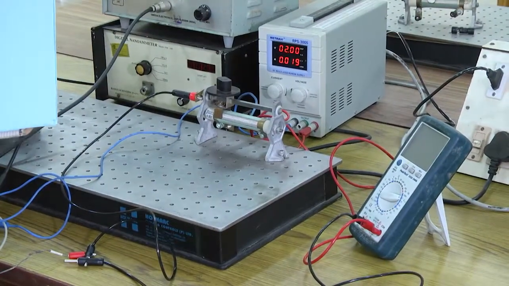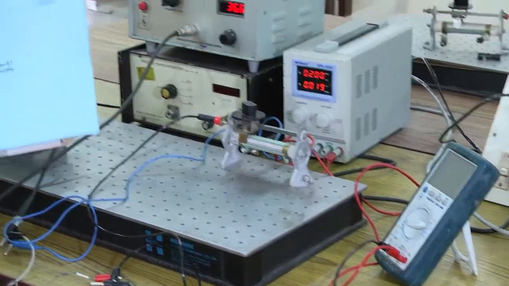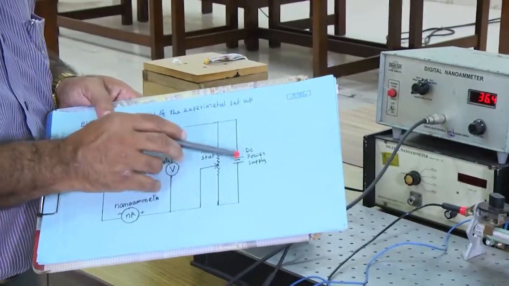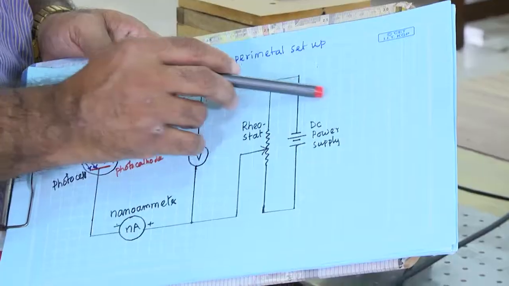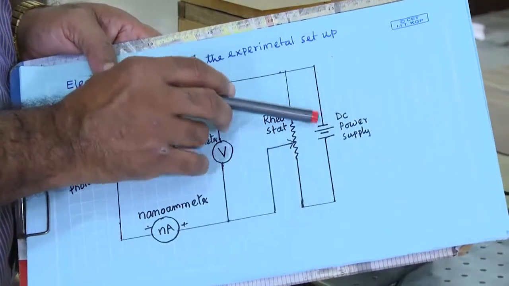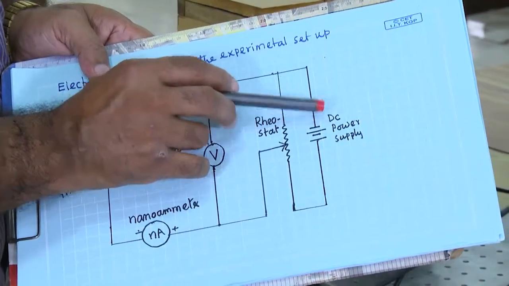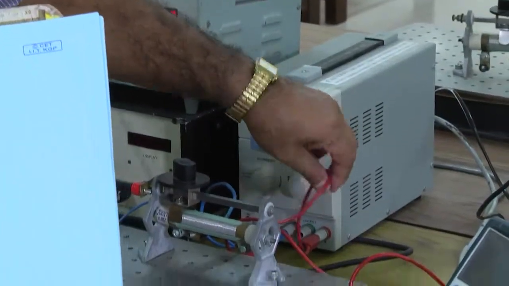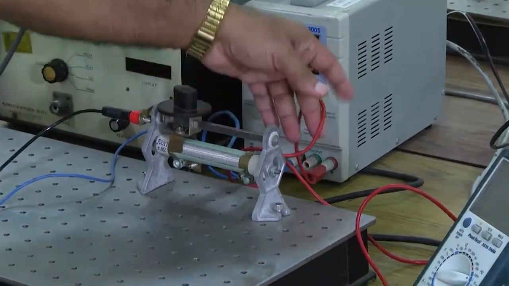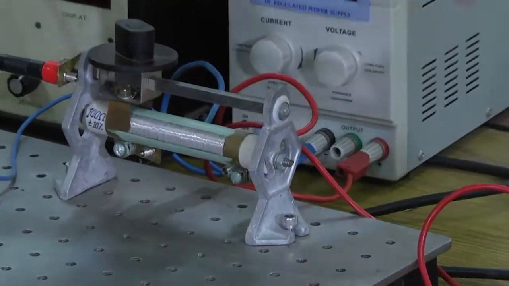And the other end of the rheostat, one is connected here and the other must be connected to the DC power supply. It is connected with this power supply, the other end of the rheostat.